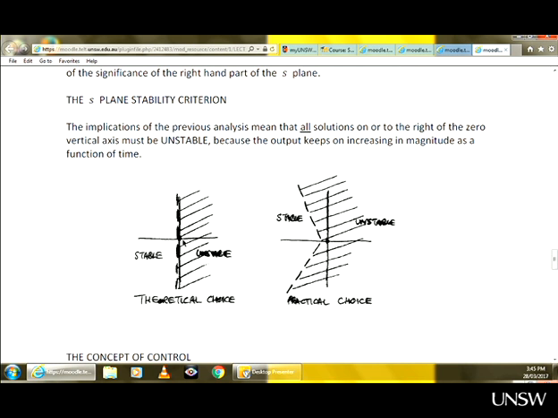This is a case of a stable system because you apply an impulse and it will eventually settle. So this is a case of an oscillatory stable system when you have a pendulum. But this is a clearly unstable system. We knew that. We never thought about defining it that way.